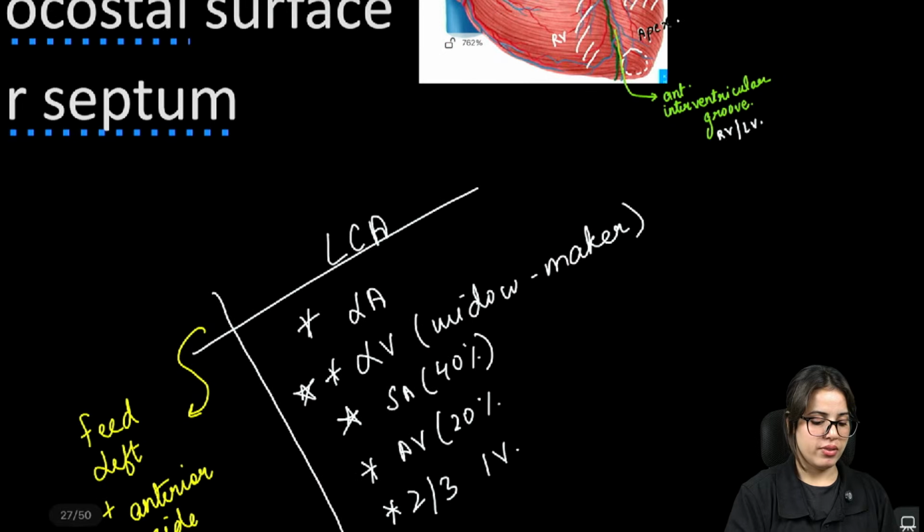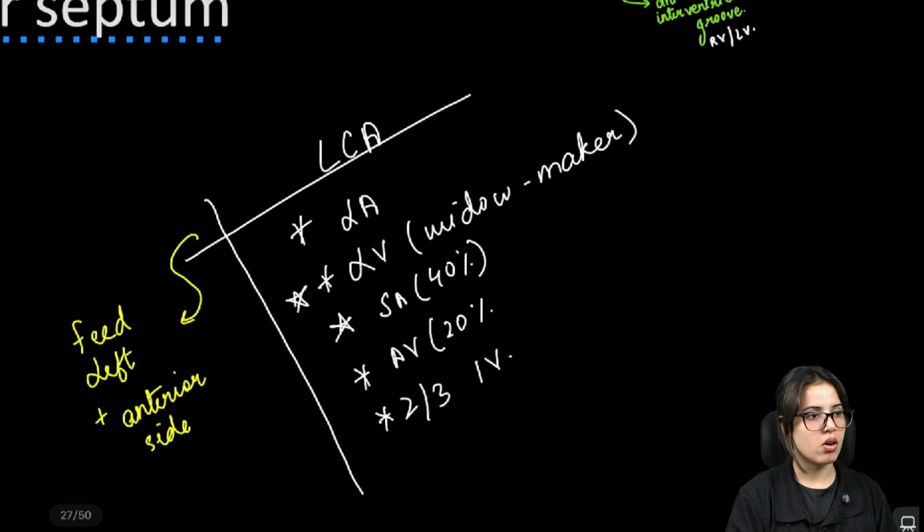that the blockage of the left coronary artery can cause major diseases or fatal consequences. Why? Because if the supply to the LV gets blocked, it's called widowmaker.